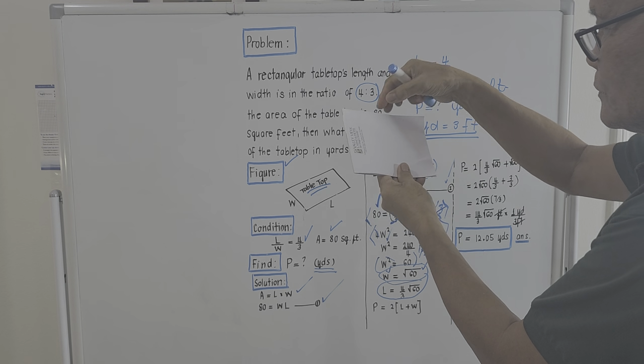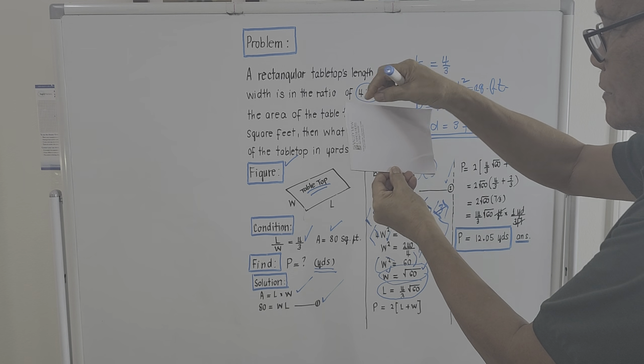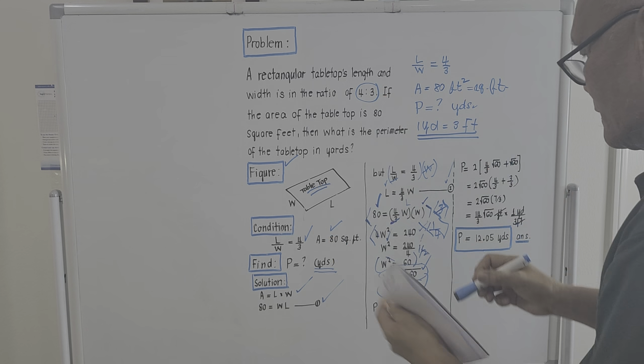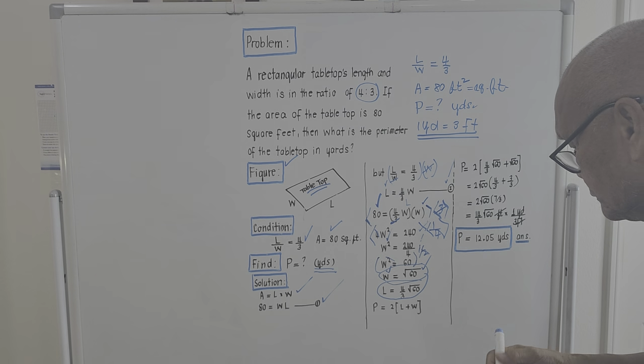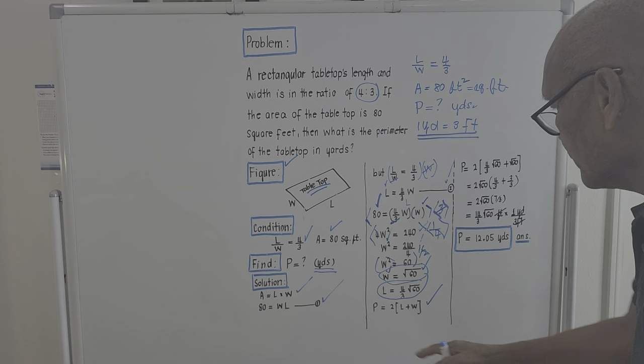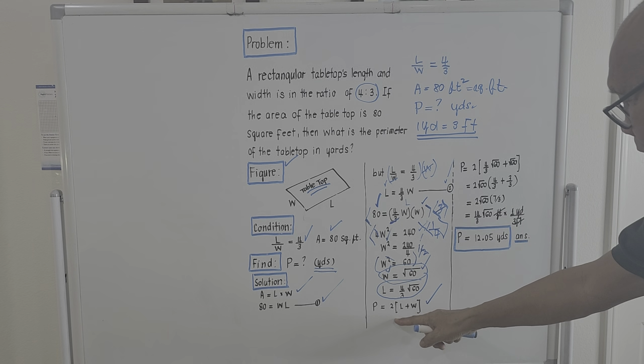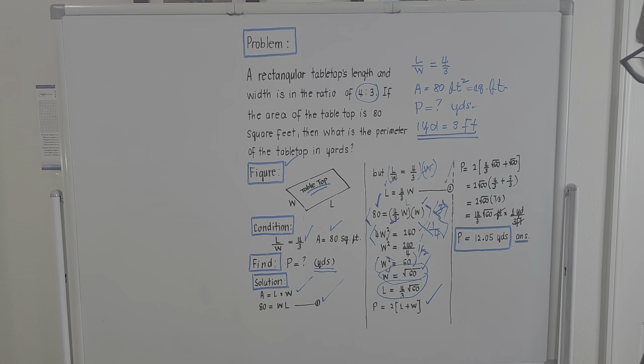These 2 here are the same, these 2 here are the same. So if we simplify, this will be the equation: perimeter for any rectangular object will be twice the length plus twice the width.